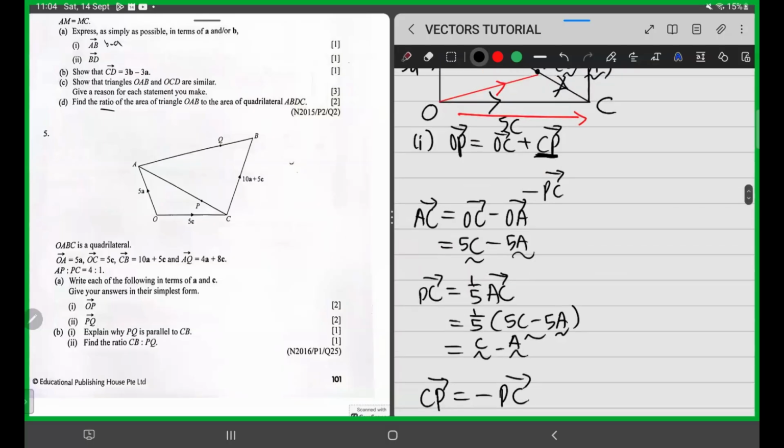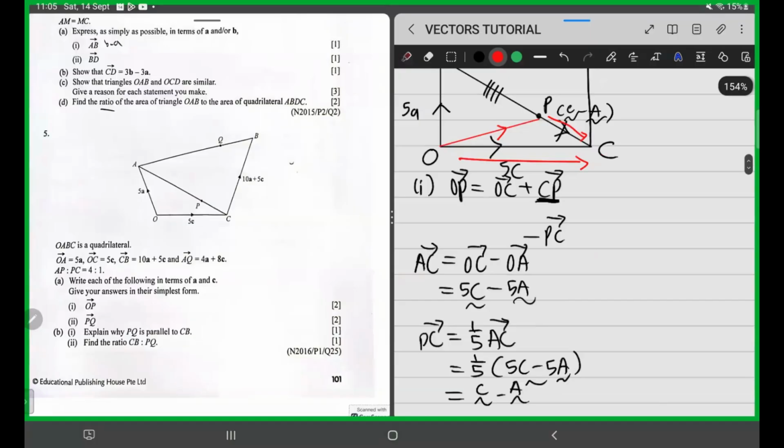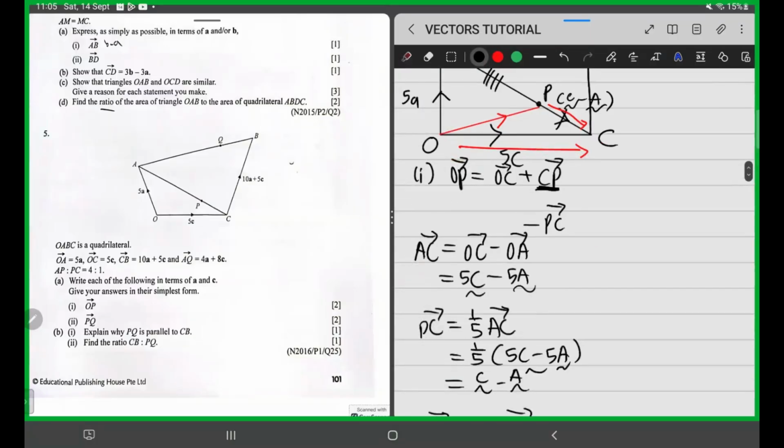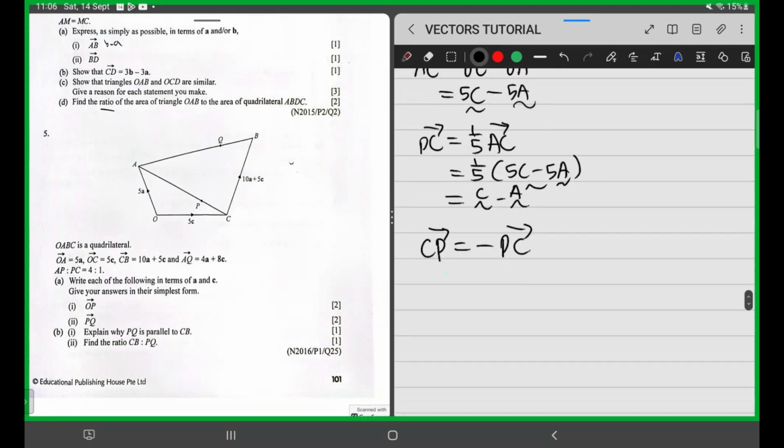Because the direction is opposite, but they have the same length. So you just put a negative sign in front, and then this becomes A minus C.